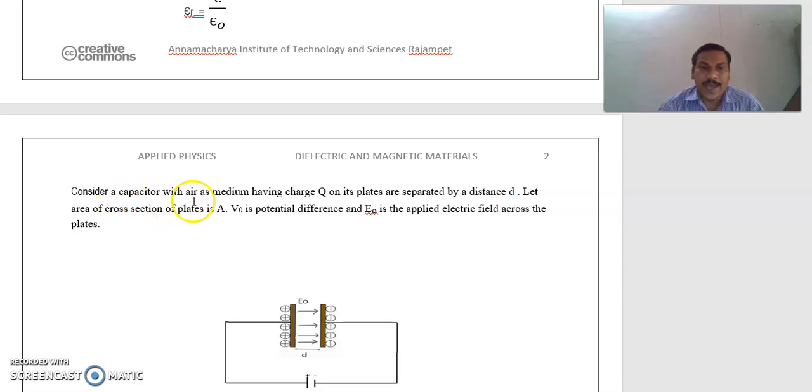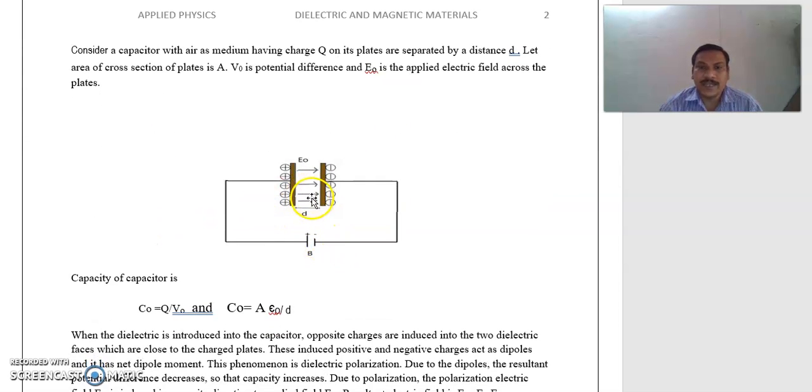Consider a capacitor with air as the medium, having charge capital Q on its plates, which are separated by a distance small d. Let the area of cross section of the plate be capital A, V naught the potential difference and capital E naught the applied electric field across the plates. Here we are taking one capacitor with two plates connected to the battery.